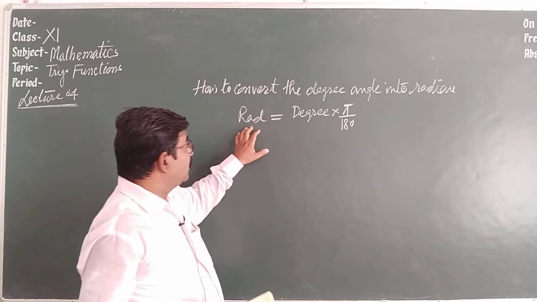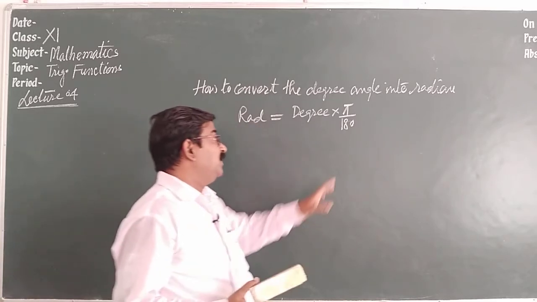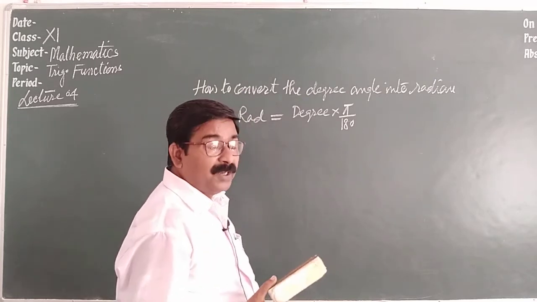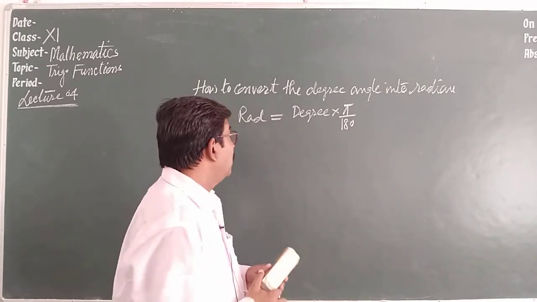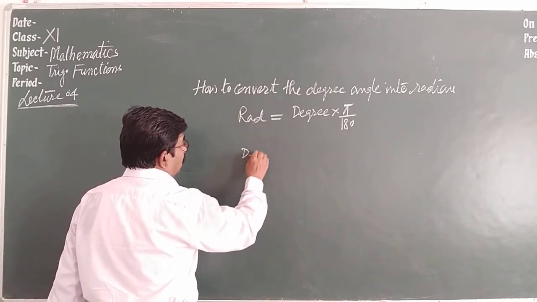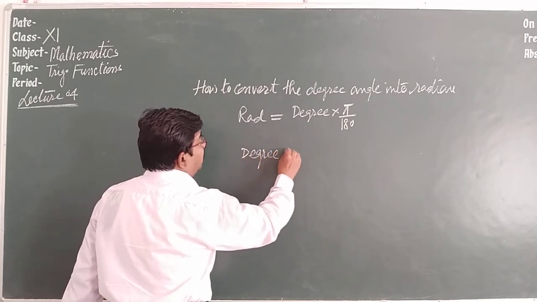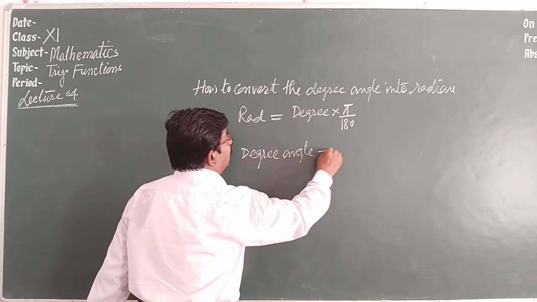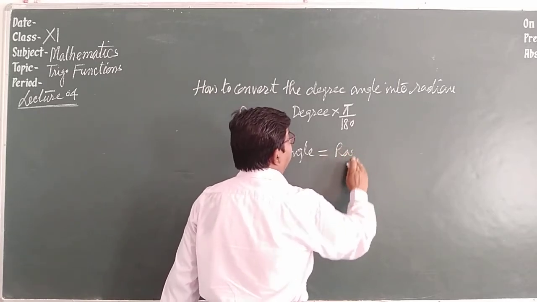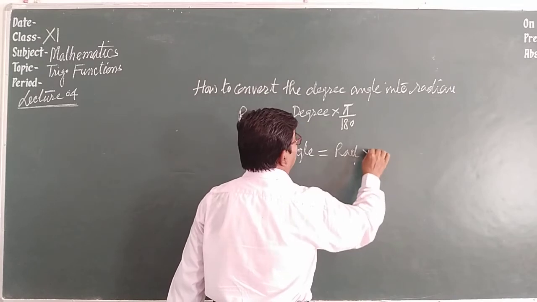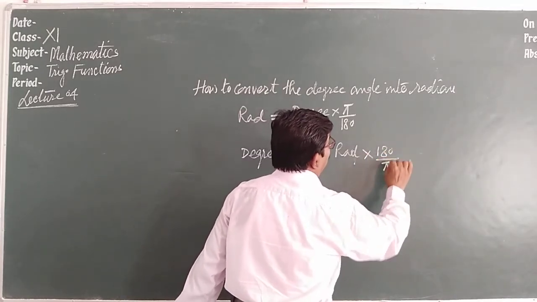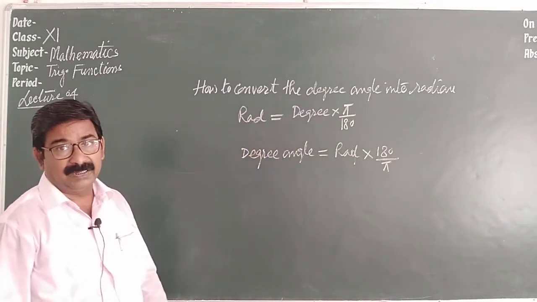It is converted into radian, and here we use the value of pi as 3.14 or 22 by 7. And degree angle is equal to radian into 180 upon pi.